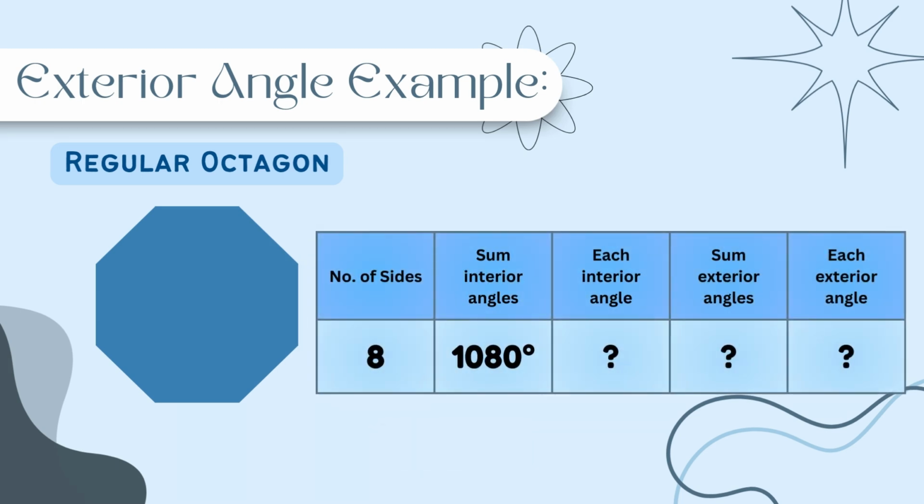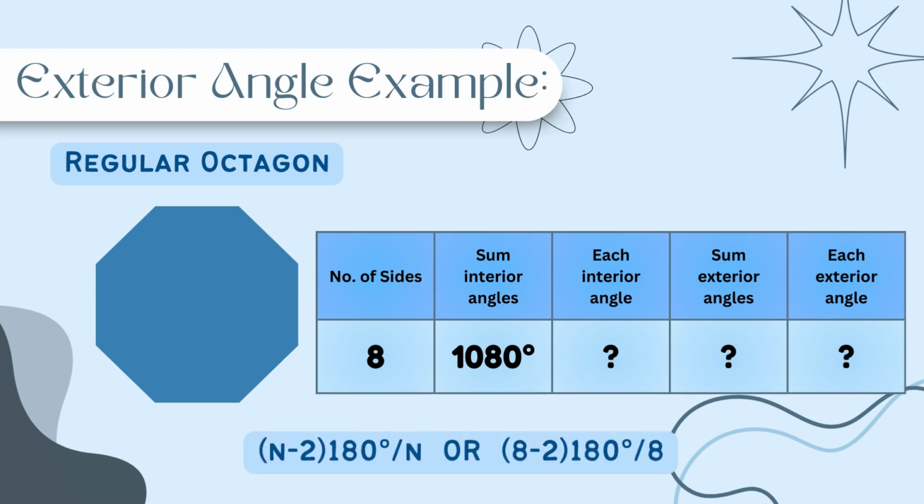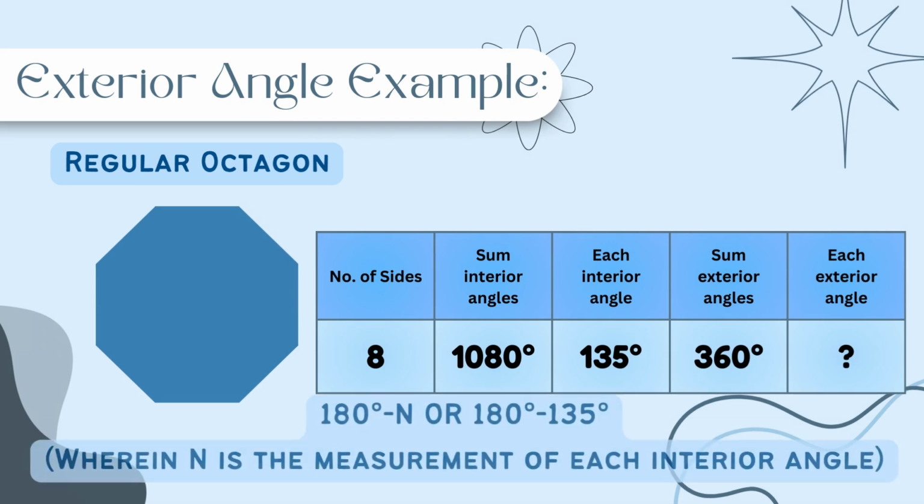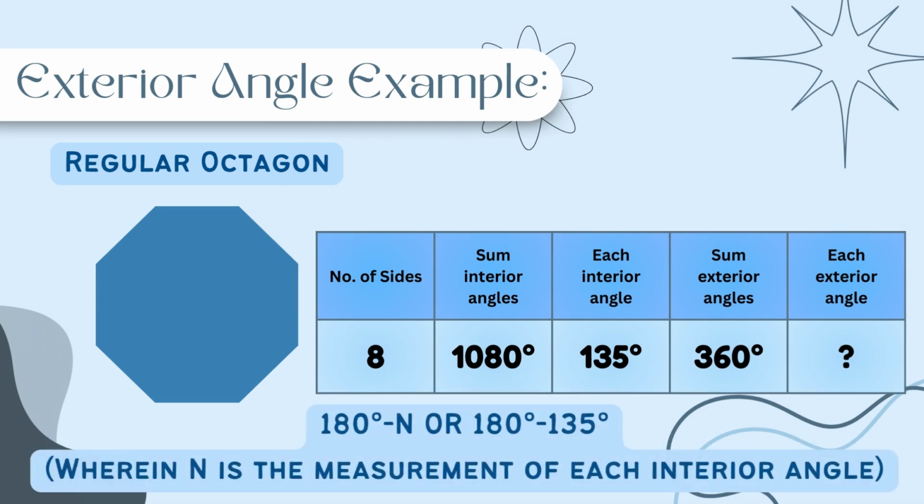Now that we have 1080 degrees as our sum of interior angles, let's divide it by 8 to get each interior angle. Nice! We can now solve for the exterior angles. The sum of the exterior angles of an octagon is 360. And to get each exterior angle, subtract 135 from 180.